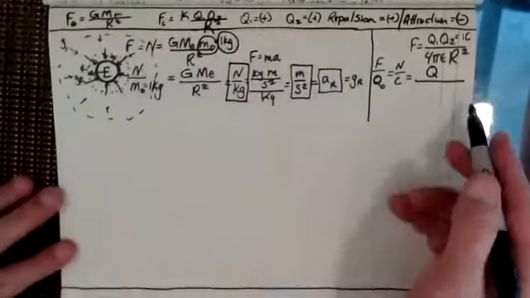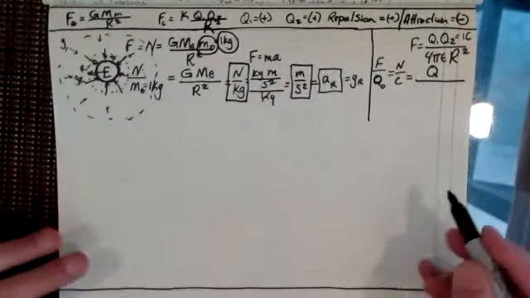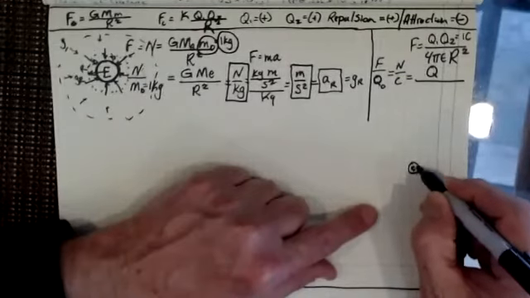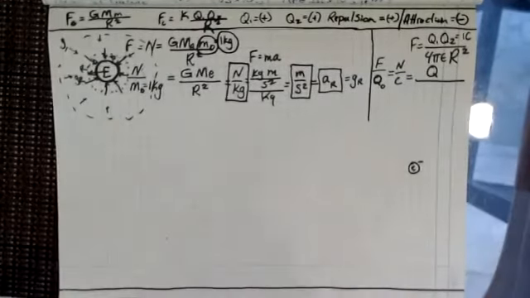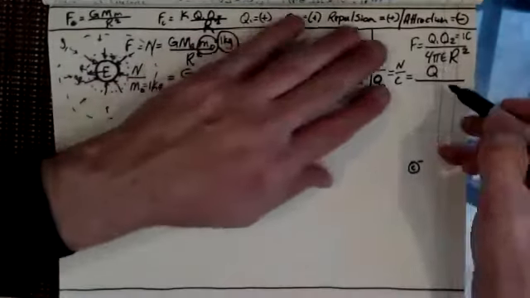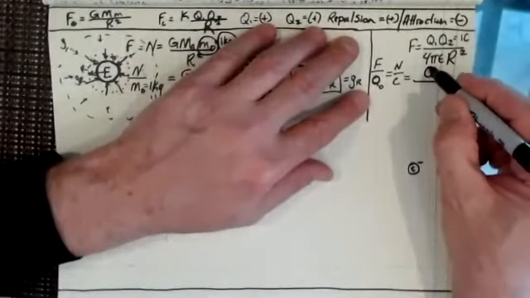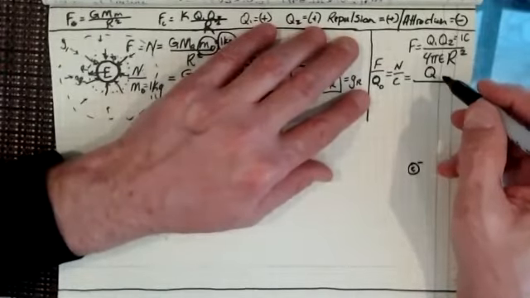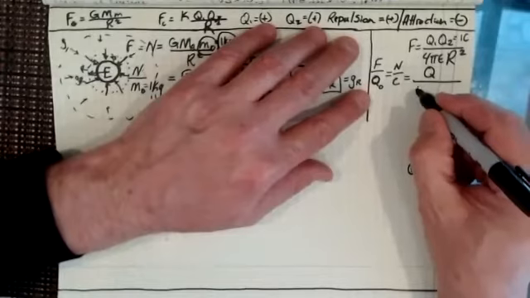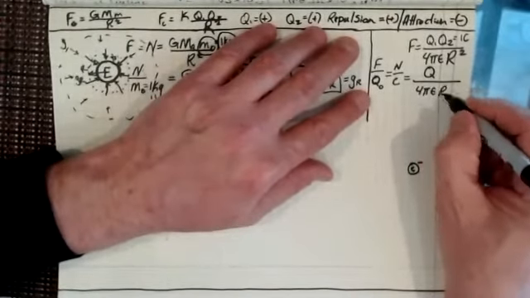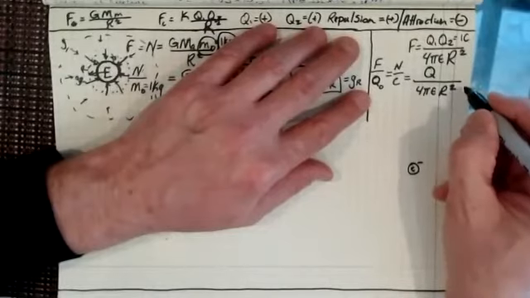Let's say, just like that, instead of the Earth, I have an electron, right? What if I've got an electron down there? And then I could say that this is the charge on the electron, minus 1.602 times 10 to the minus 19 coulombs, divided by 4 pi epsilon r squared.